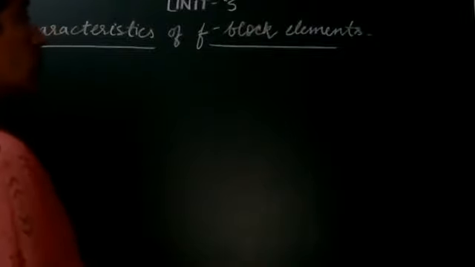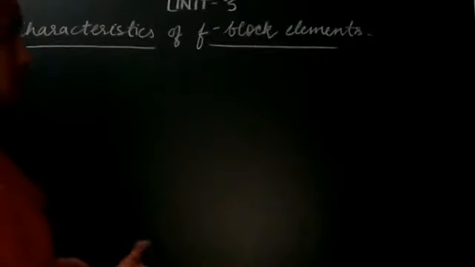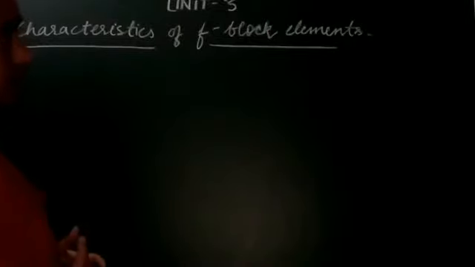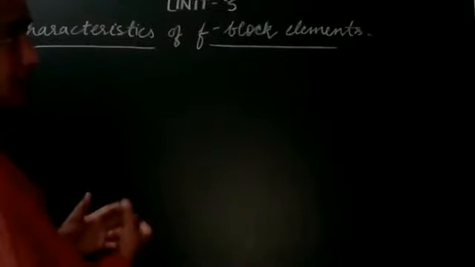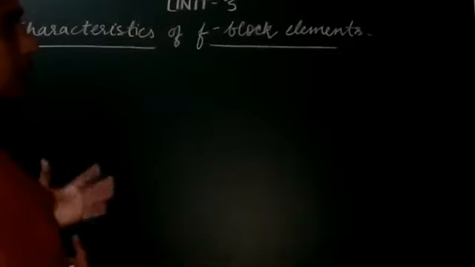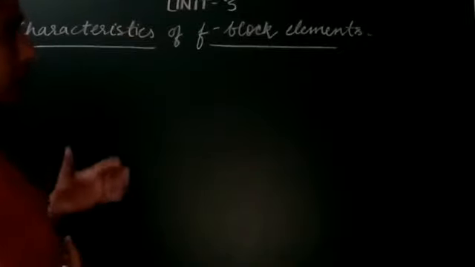Why? Because their actual location was supposed to be in between the transition series. But if they were placed there, it would have disturbed the whole periodic table, as they were discovered later. So without disturbing the periodic table, they were placed at the bottom.